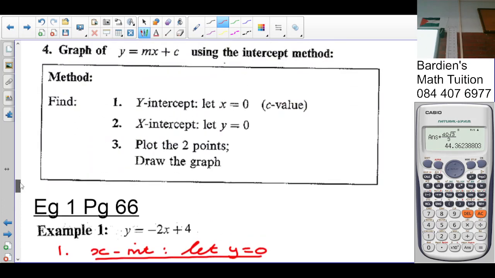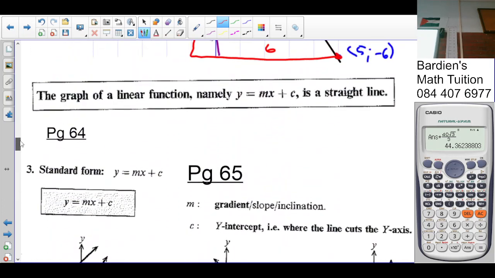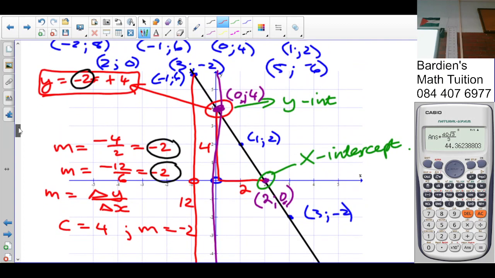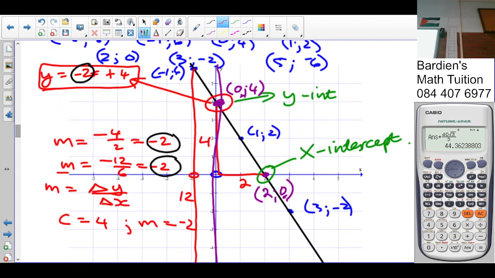We said that anywhere on your x-intercept, your y is going to be 0. You remember I said that yesterday? And anywhere on your y-intercept, x is 0. Hence the reason why, when you work out the x-intercept, we let y equal to 0. We work out the y-intercept, we let x equal to 0. And that's the reason why. You guys understand?